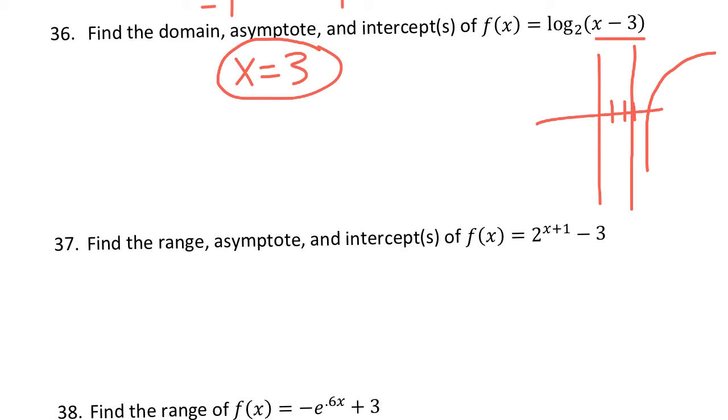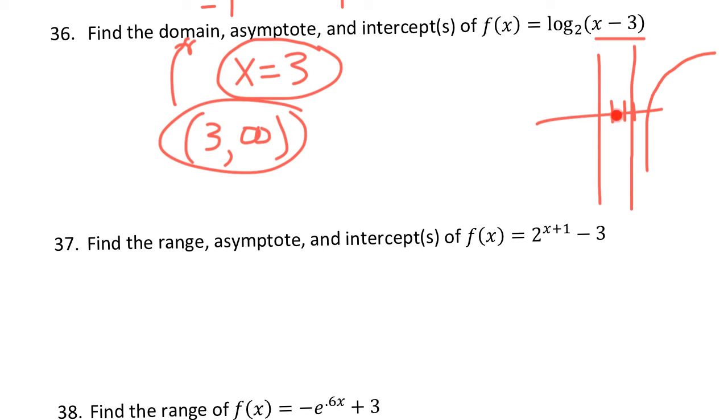That means the domain is from 3 to infinity. And we can tell from our graph that there's not going to be a y-intercept, because the graph can't get over there to hit it.